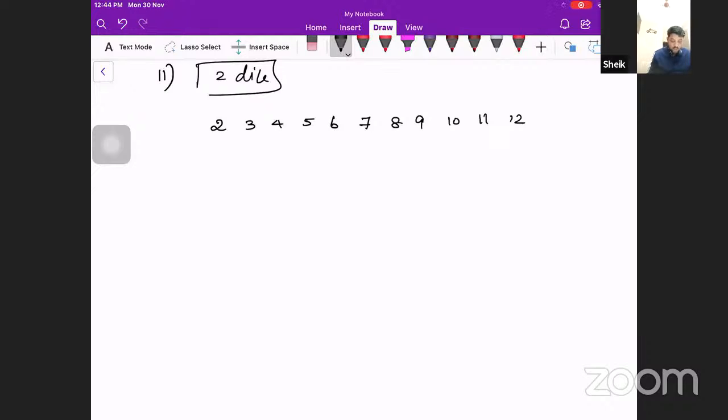That means the minimum sum is 1, 1, and the maximum is 6, 6, that is 12. So if you remember this table, we can solve a 2 dice problem just like that: 1, 2, 3, 4, 5, 6, 5, 4, 3, 2, 1. This is the table, my dear.